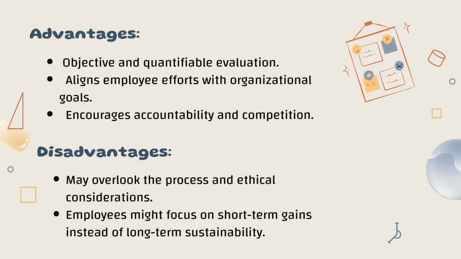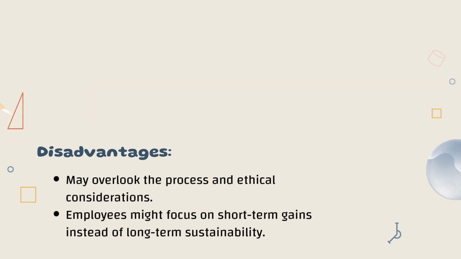Advantage: objective and quantifiable evaluation, aligns employee effort with organizational goals, accountability, and competition. Disadvantage: may overlook the process and ethical consideration. Employees may focus on short-term gain instead of long-term sustainability.